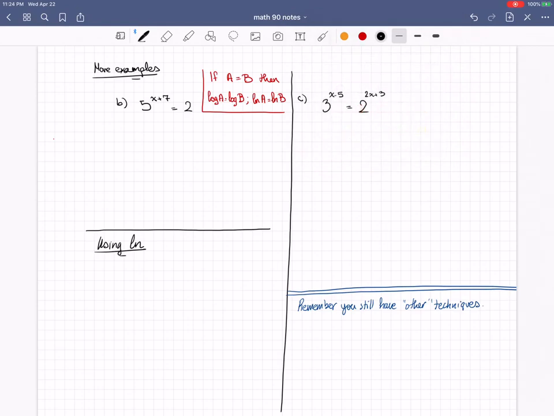Okay. So we have log of 5 to the power x plus 7 is equal to log 2. By properties of logarithms, the x plus 7 pops out here. So we have x plus 7 times the log of 5 is equal to the log of 2. And I didn't write this in the last example, so I want to just do it here. Log 5 and log 2 are constants.